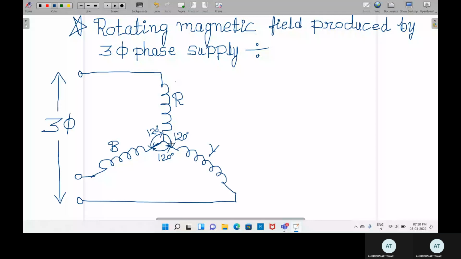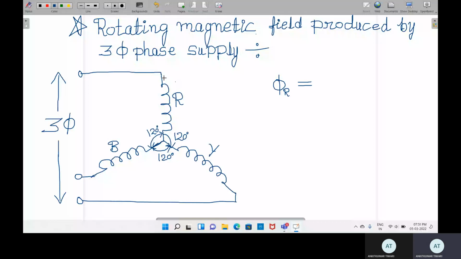Basically, if I write the flux produced by R, I will write phi R. Phi R in the alternating way, so there will be a sinusoidal quantity.